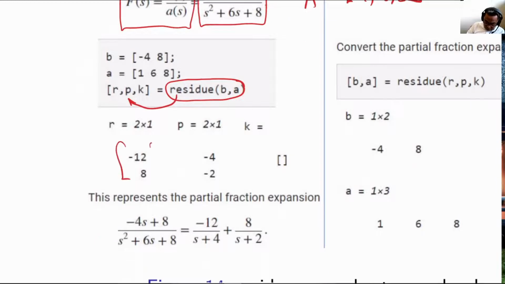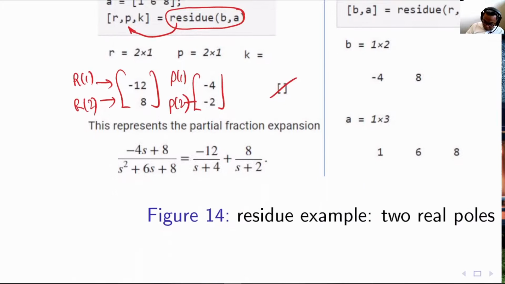The R is here. This is R1 again, this is R2, this is P1, and this is P2. And K is nothing again. Therefore the answer is R1 over s minus P1 plus R2 over s minus P2.